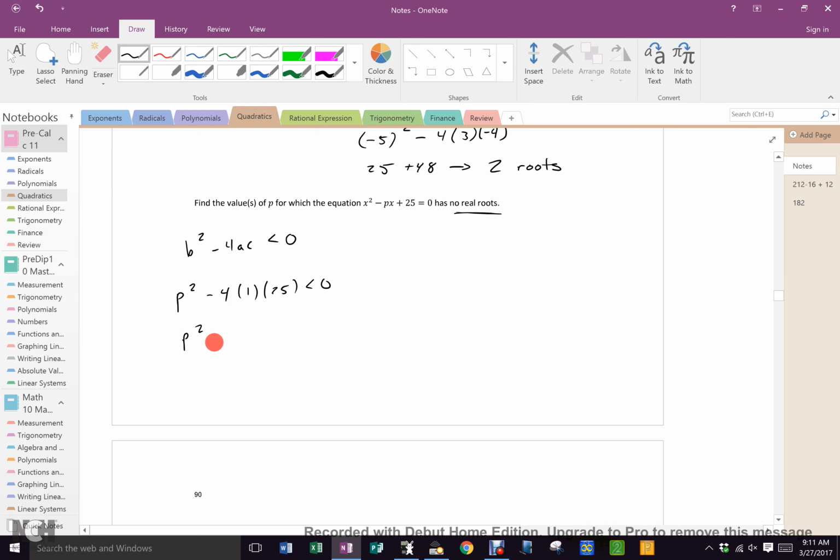So p squared minus, what's 4 times 25? P squared minus 100 has to be less than 0, yes? So p squared has to be less than what? 100. So P has to be less than the square root of 100, right? Which is what? Now, don't give me away!